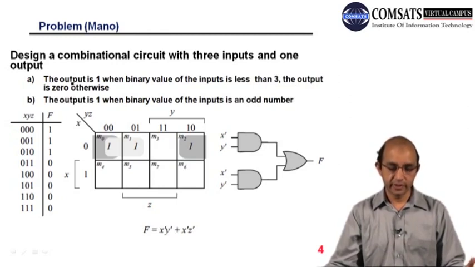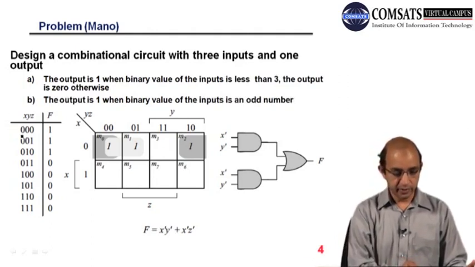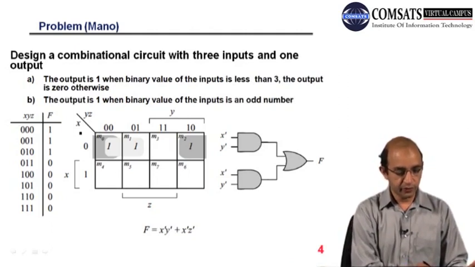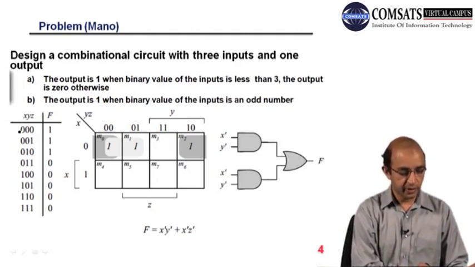So this is the problem. We have to design a combinational circuit. The output is 1 when the binary value of the input is less than 3. If I write down the decimal equivalents, we have 0, 1, 2, 3, 4, 5, 6 and 7.